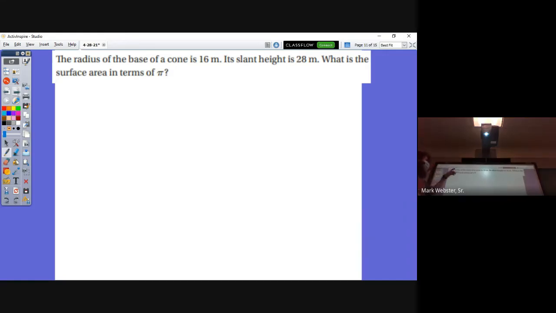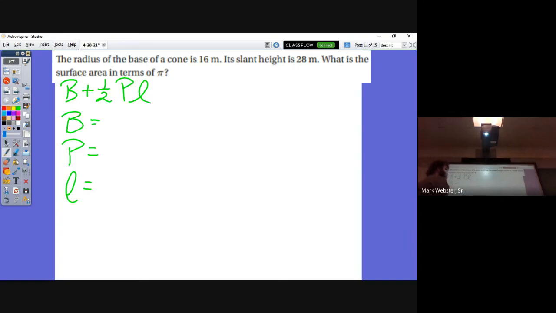Okay, here's yours. You want to find the surface area when the radius is 16 and the slant height is 28. Give the surface area in terms of pi. So once again, it's just a cone. So it's just pi r squared for the base. Well, the r is 16. So what's 16 squared? 16 squared is 256. So this is going to be 256 pi, right?